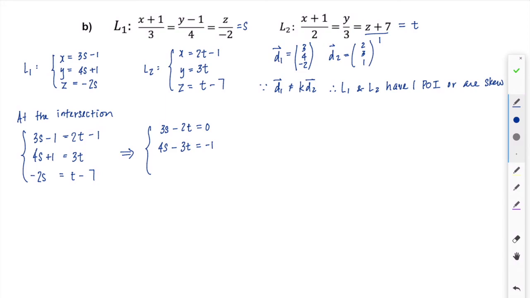And negative 2s minus t, so why don't we do 2s plus t equals positive 7. Okay? What's easy to use here? Well, equation 3 is definitely easy with the 1t there. So maybe we can use 1 and 3.